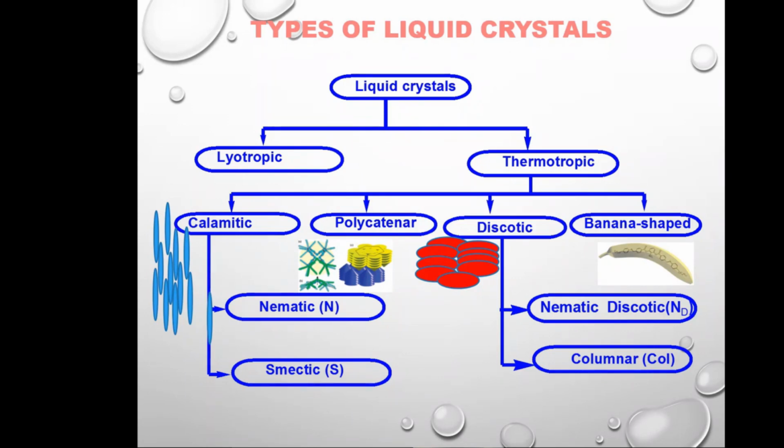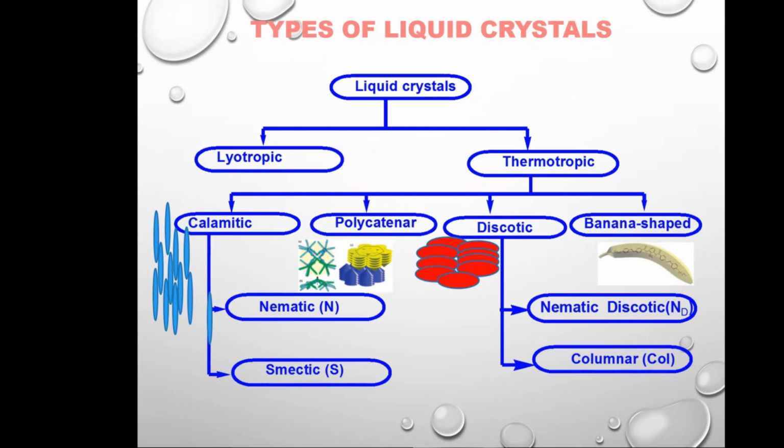For example, with elongated molecules we have nematic phases, or the cholesteric phase, as Professor Simone told us. We can also have smectic phases. With more planar molecules, we'll have the discotic phase, which then will organize into nematic discotic and columnar phases, and so on. If we have banana-shaped molecules, then they will also create other textures.